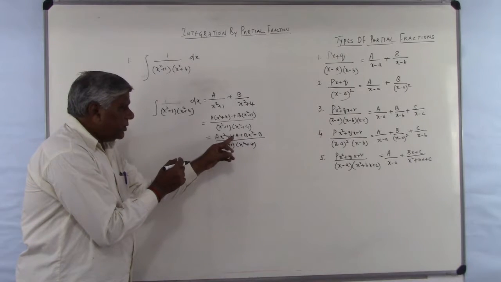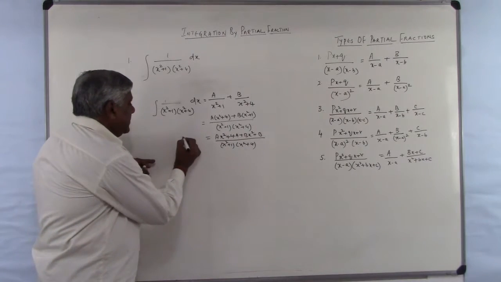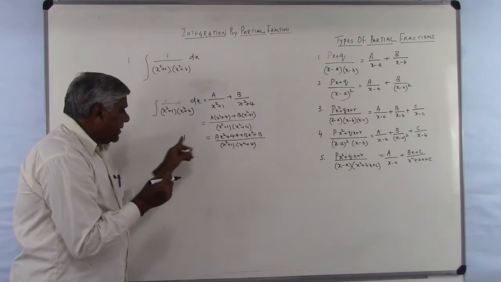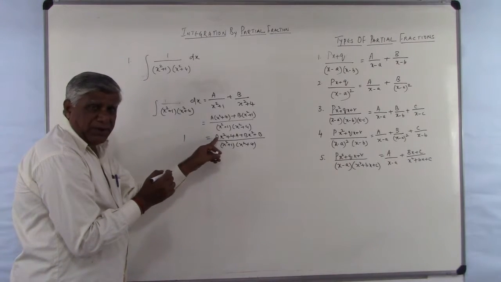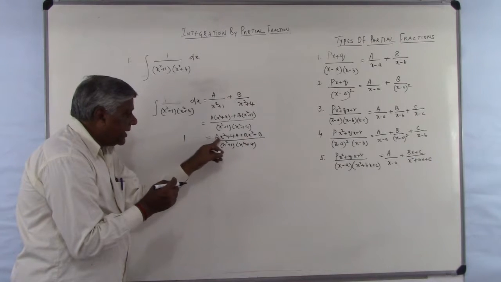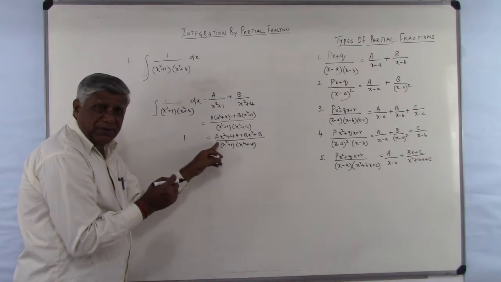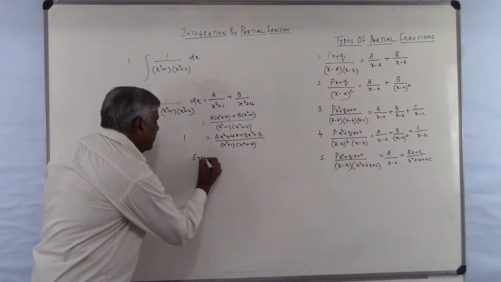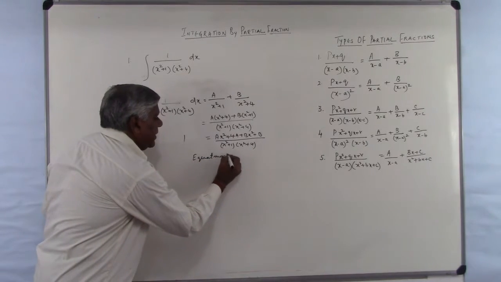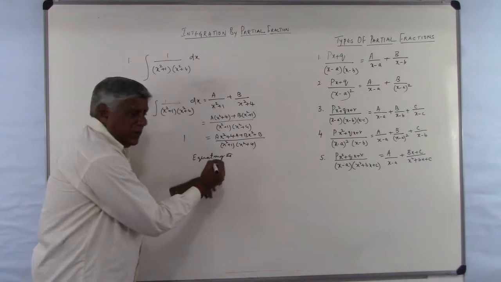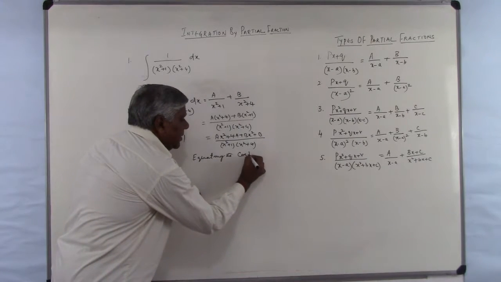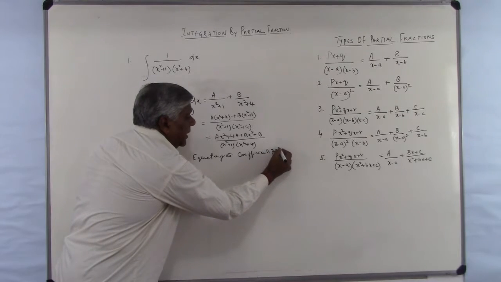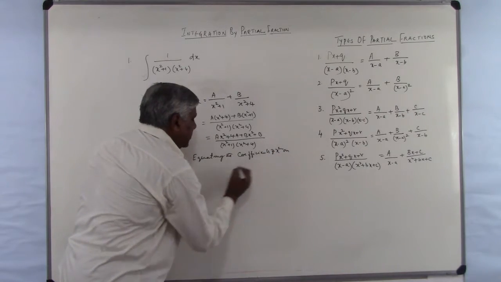Now this is equal to 1. There is no x square term here. Therefore, we are equating the coefficients of x square on both sides.